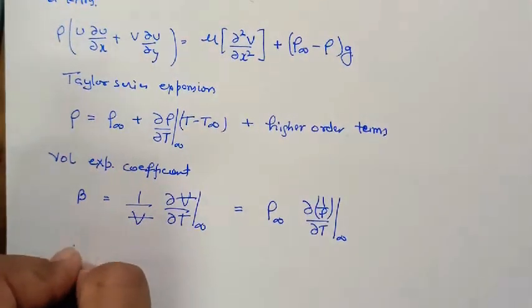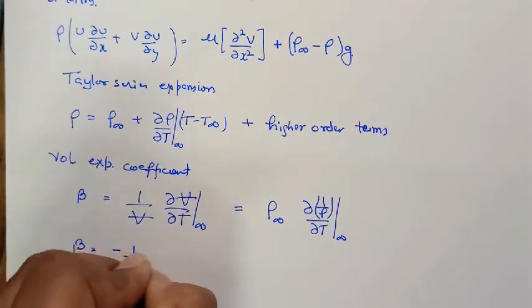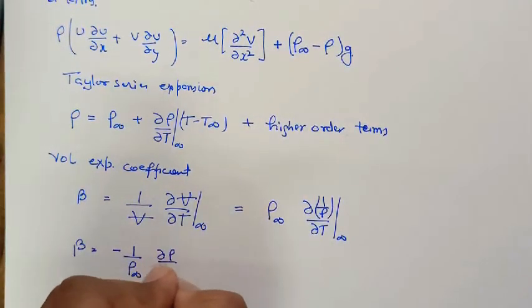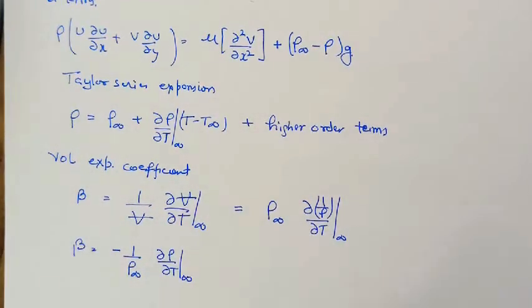And we can write this beta as minus 1 by rho of d rho by dT at infinity.